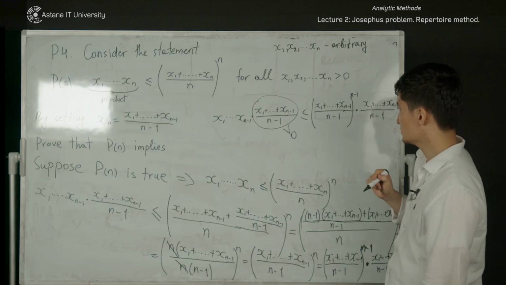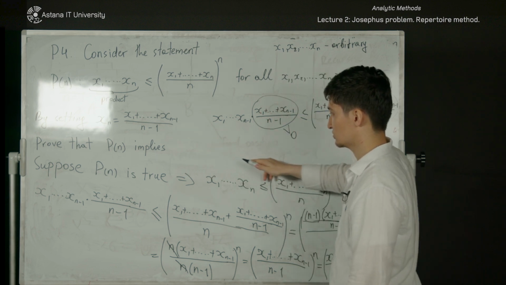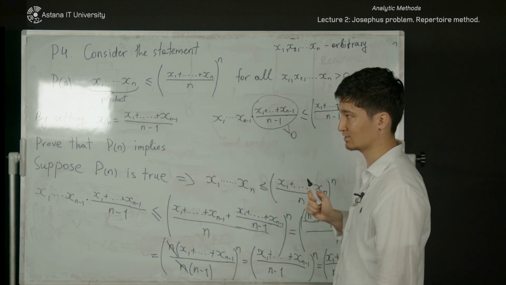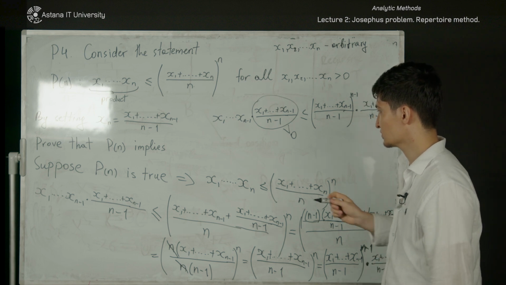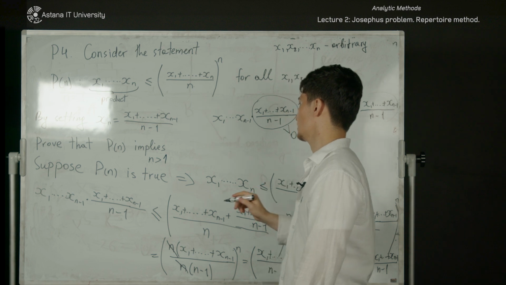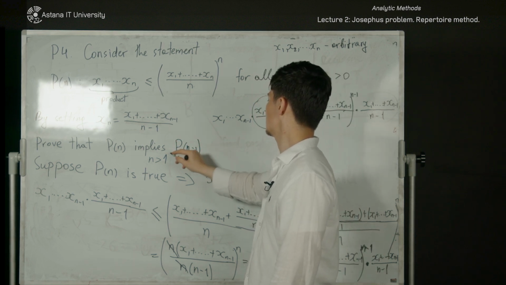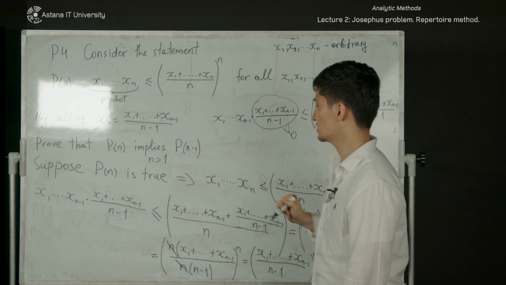And we are proving this expression for when n is strictly greater than 1. So over here, n is strictly greater than 1, implies P of n minus 1 for all n greater or equal than 1.